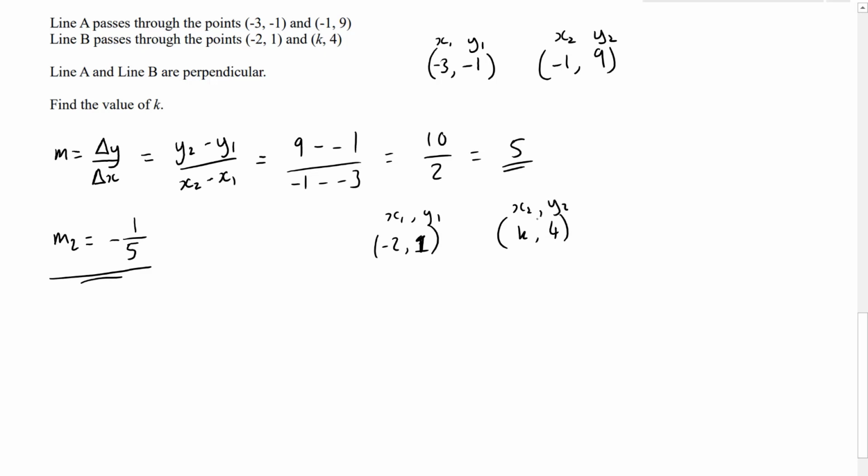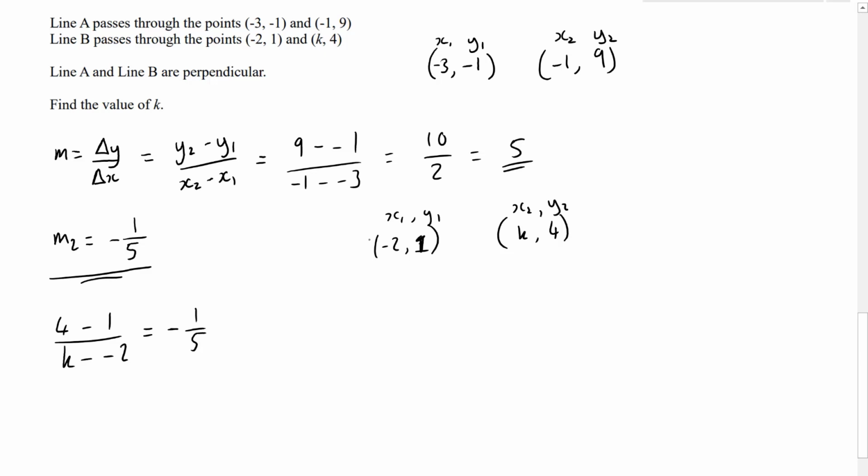Okay, now let's substitute it all into here. So y2 is 4 minus y1 is 1 over x2, which is k, minus minus 2, and this is going to be equal to minus 1 over 5, since this is the gradient of line B.